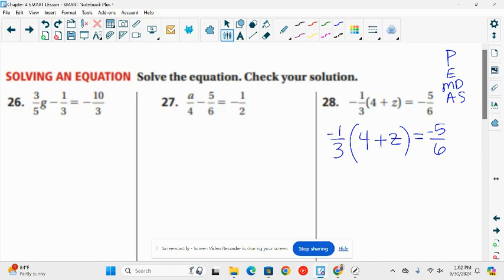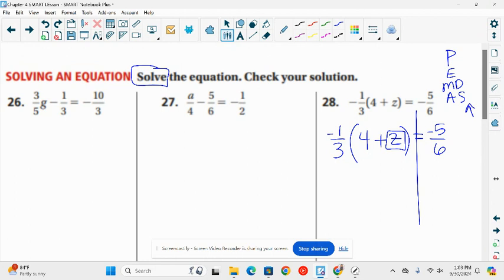Because our directions are still to solve, I'm chopping, unboxing, and I'm doing the opposite operations in the opposite order, which means I start looking for what first? Subtraction. Addition or subtraction first.